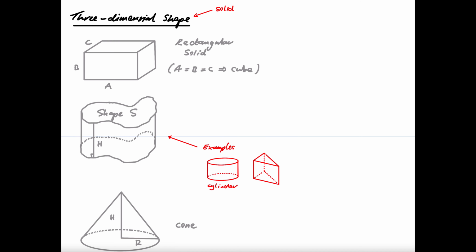So all of these shapes fall into that category. So the numerical quantification here would be the two things, surface area and volume.